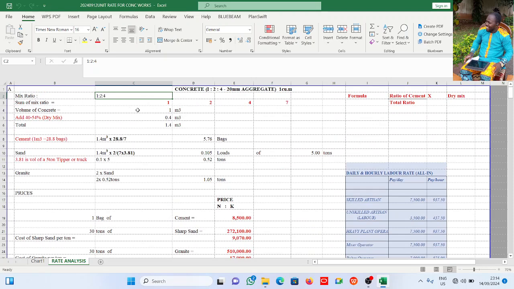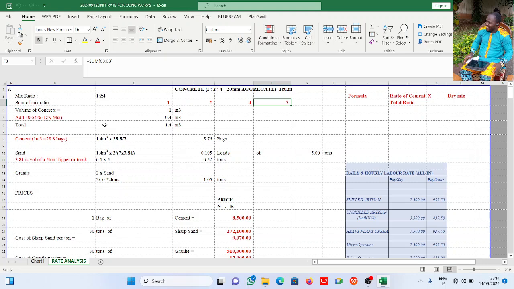We have concrete 1:2:4. Firstly, of course, we take the sum of the ratio, which is 1 + 2 + 4. That gives us 7. This is wet mixed concrete. Now what about before water was added?